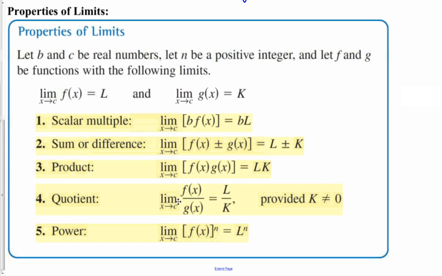Quotient is divide, right? f of x over g of x, with the little note that K cannot equal 0, right? It is possible for a limit to go to 0, but we can't divide by 0. Power, limit of f of x as x goes to c to the nth power, f of x to the n will be L to the n, right? Pretty straightforward.